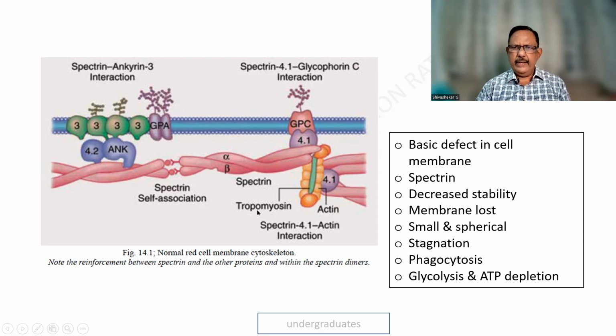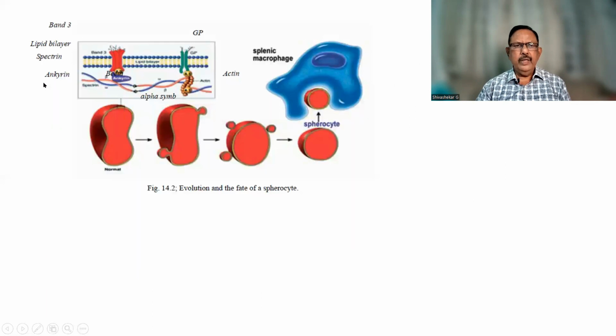This is a beautiful diagram. So with spectrin, there can be a decreased stability, membrane is lost, it becomes small and spherical, and so on and so forth. This is what is happening. Normally, this is the malleable, biconcave disc that we see. But every time it becomes rigid, part of the cell membrane gets pinched off.